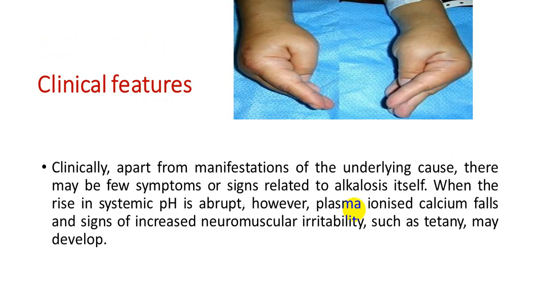When the rise in systemic pH is abrupt, however, plasma ionized calcium falls and signs of increased neuromuscular irritability, such as tetany, may develop. This is tetany, a patient with tetany due to plasma ionized calcium fall, and this is the sign. It is carpopedal spasm.